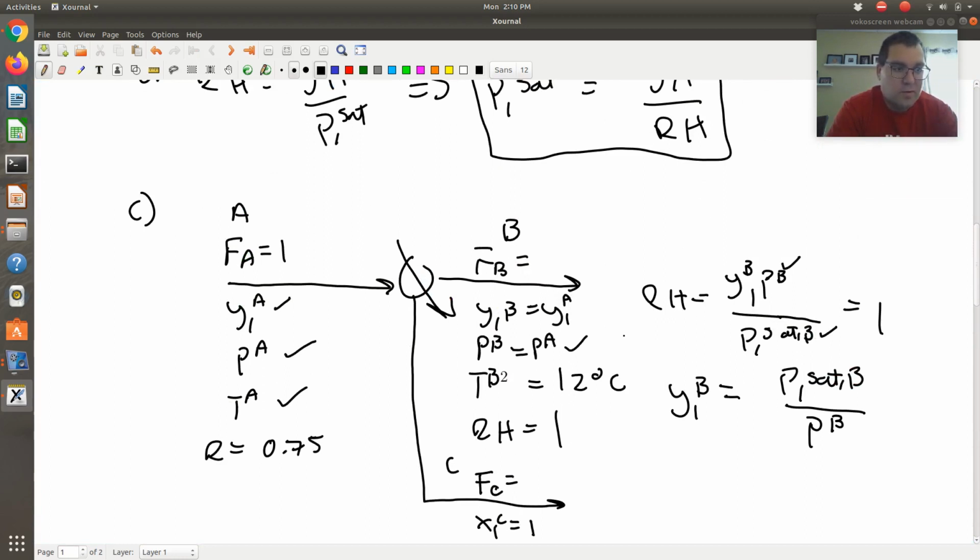At 25 degrees C, that's when water begins to condense. If I continue to decrease the temperature, I'm still going to have a relative humidity of 1, still a two-phase system, with liquid water at saturation with this air-water mixture. But Y1 is going to decrease because my air is not going to be able to hold as much. As the temperature decreases, more water is being removed from that vapor stream to remain at saturation.